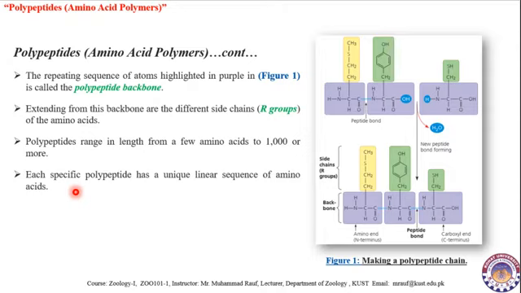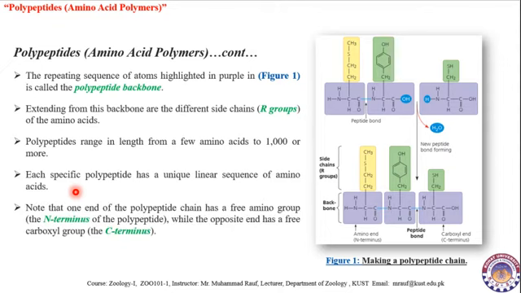So this diversity is attributed to the fact that the sequence of the amino acids in different proteins is different, and secondly, the three-dimensional structure in which the proteins mold themselves is also unique to proteins. So these are two different properties which make proteins distinct from one another: the sequence of the amino acids and the three-dimensional structure in which they are molded.